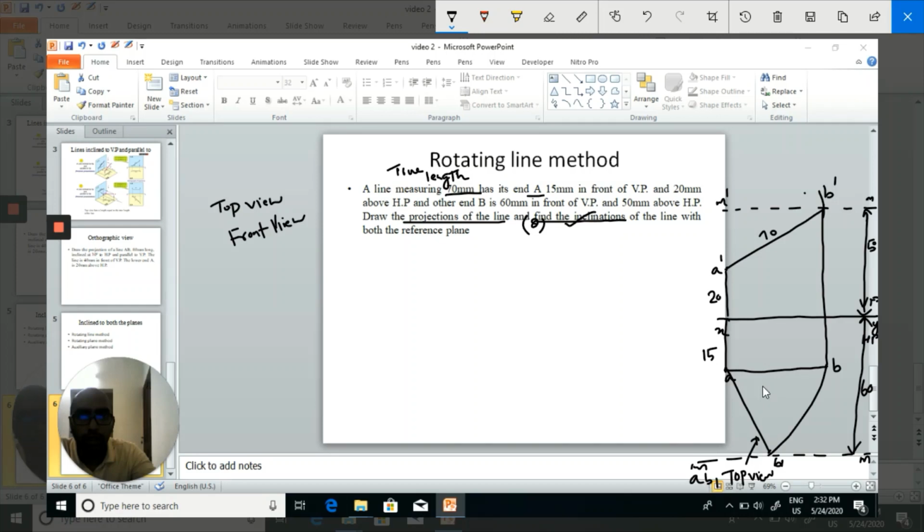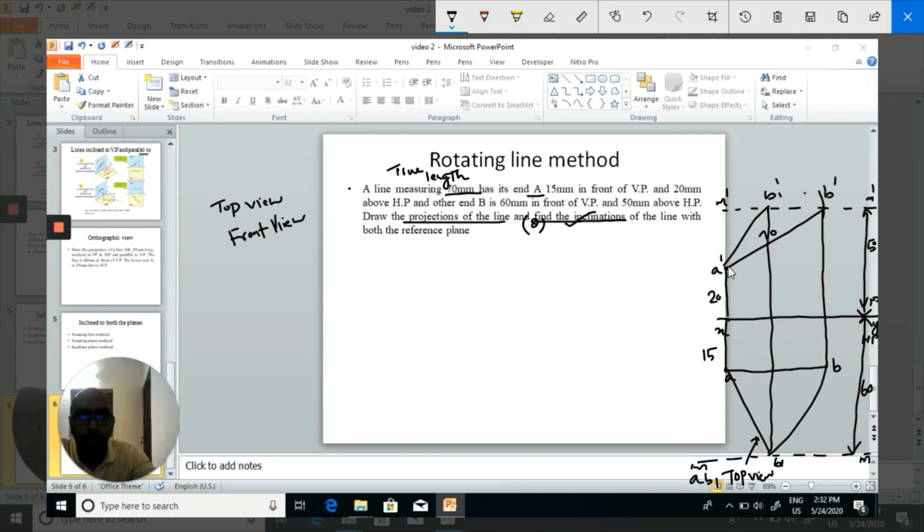Now from B1 draw a projector vertically upward, straight. It will meet the locus line M dash at B1 dash. Now join A dash and B1 dash.